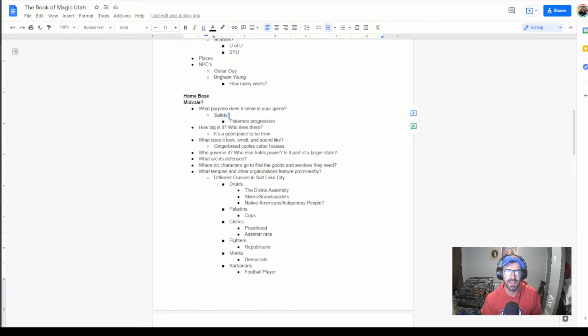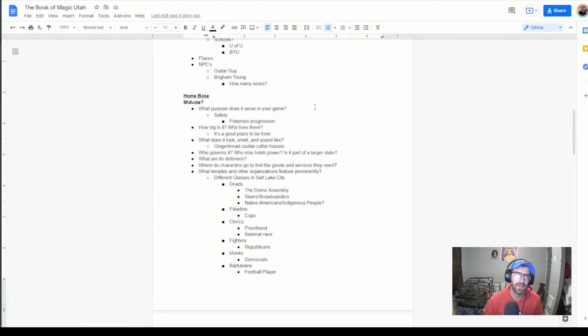So what purpose does it serve in your game? Yeah, I really want it to have a feeling of safety. I think I want even the quests to feel safe at the beginning that people go on.